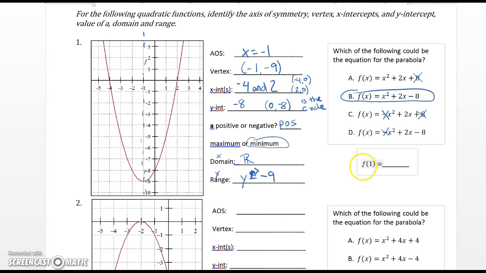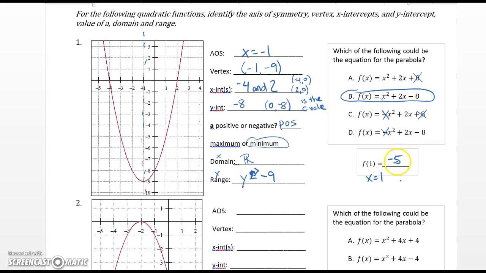And this, remember, is function notation. We usually use f of x. So we're trying to find this value when x equals 1. You can do that in 2 different ways. You can either go to the graph, go to 1, and go down and see that y is -5. Or you could plug 1 into the equation that you chose and make sure you're right.